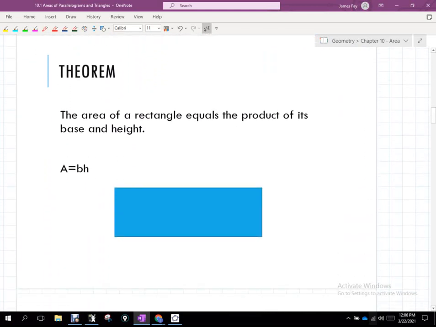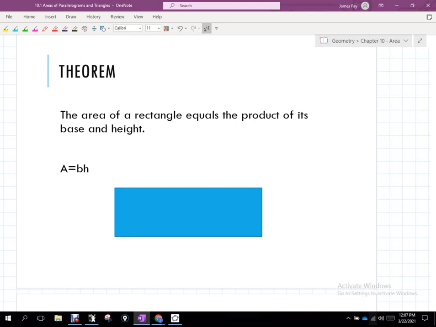The area of a rectangle equals the product of its base and height, b times h. I'm going to use b and h, okay? Maybe in previous courses you've learned other formulas for a rectangle.